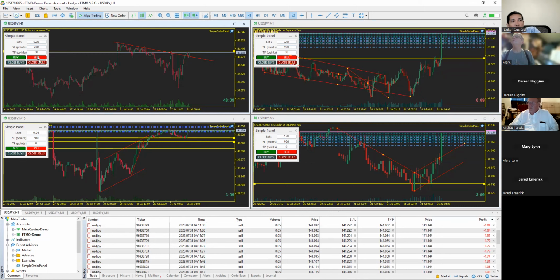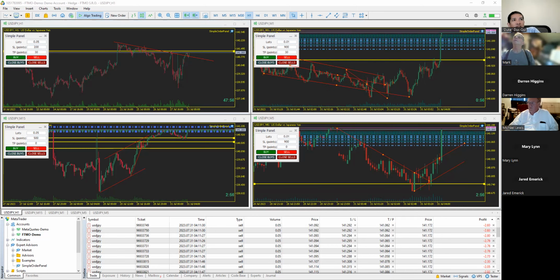A 25 pip candle on a 5-minute chart. Come on, this is a huge candle. I'm like, what the hell is this? Is it news? I don't think there was news. This is a very unusual candle because you see how everything else was small and now suddenly this is huge. That's why I'm selling like crazy here. Fine, at 27 pips, 28 pips in one candle.